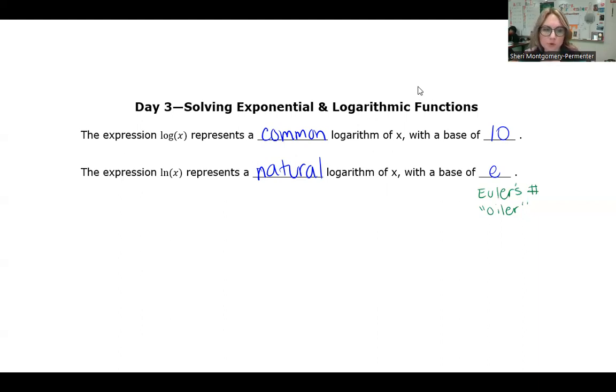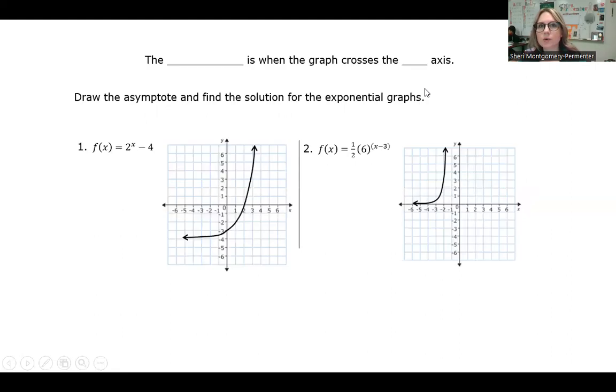Okay, moving on. So we need to get our day 1 notes out now. So find your day 1 notes. It should say day 1 at the top. So we are going to be finding solutions with graphs, but we have to know what we're looking for.